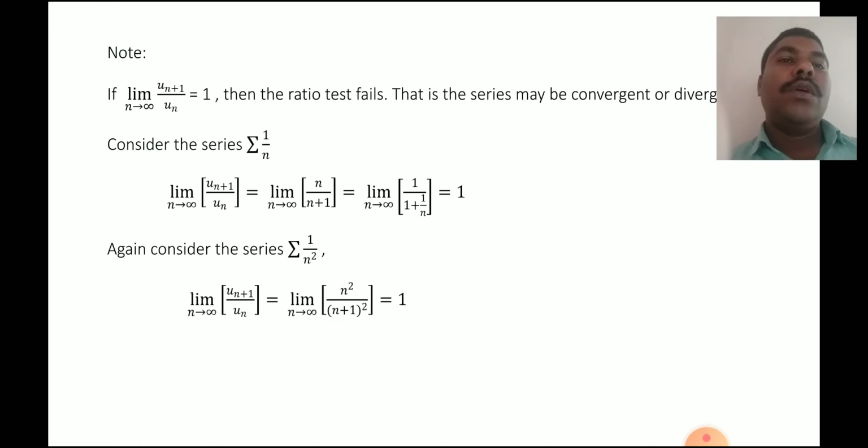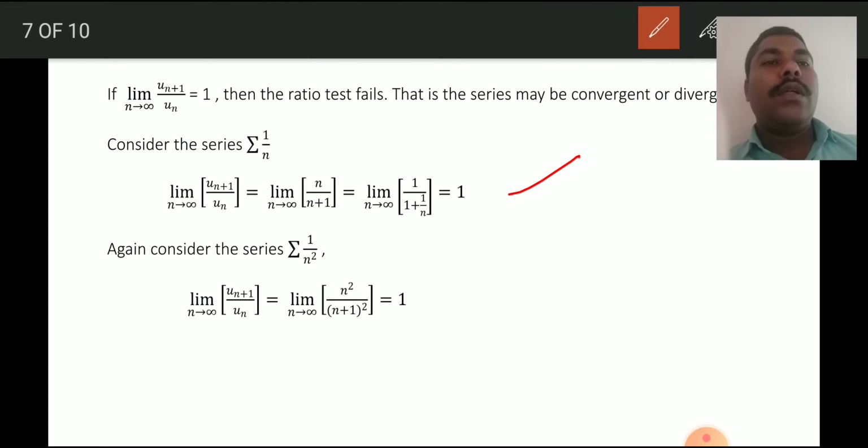Here we have limit of un plus 1 by un as n tends to infinity equal to limit of n by n plus 1 as n tends to infinity. At the numerator n is there, at the denominator take n outside, you get 1 plus 1 by n. After applying the limit we get 1.